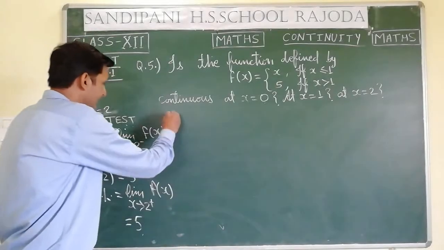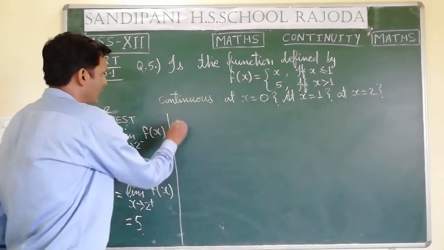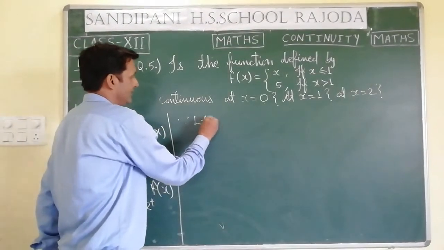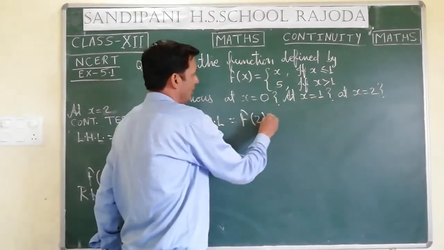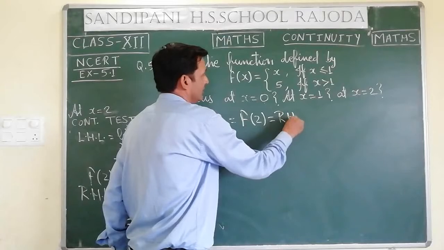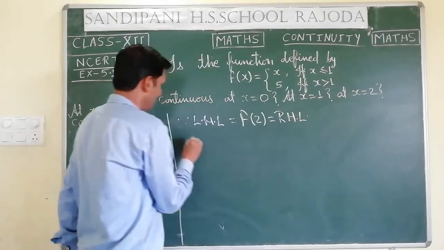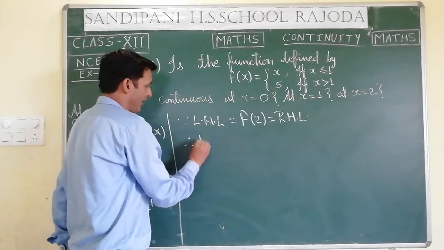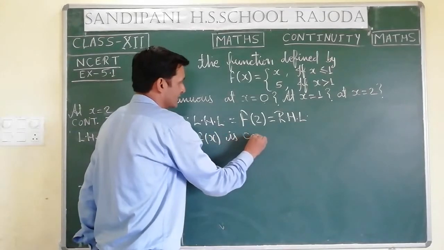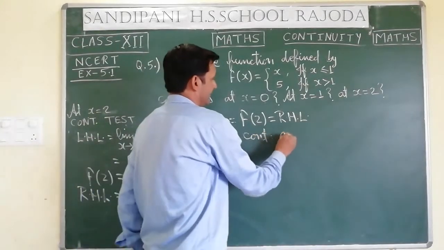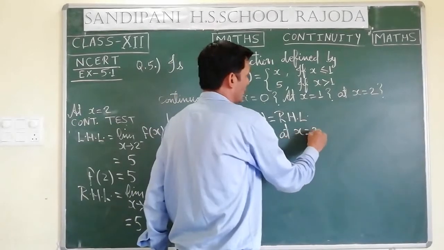So we may write that because LHL is equal to f of 2 is equal to RHL, therefore f of x is continuous at x is equal to 2.